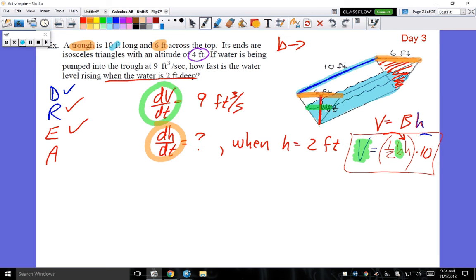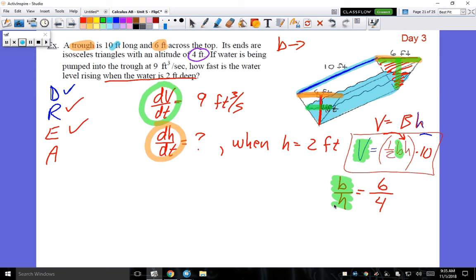So I could say B is to H as what is to what? 6 is to 4. So look, this base over height, let me highlight it in green because I have a lot of highlights. Base over height, which is right here, is the same as 6 over 4.